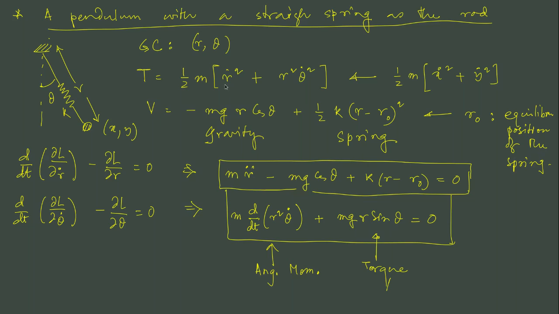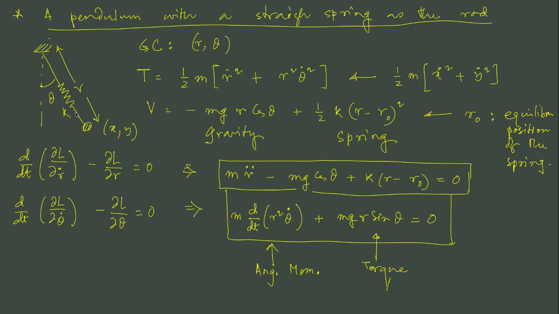With these coordinates, the kinetic energy is straightforward: half m r dot squared, the rate of change of r, plus r squared theta dot squared. And the potential energy is, like the simple pendulum case, minus m g r cos theta, that part is there. But this time we also get something from the spring. This should be half k times r minus r naught squared, where r naught is the equilibrium distance.